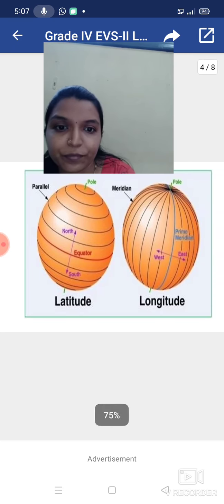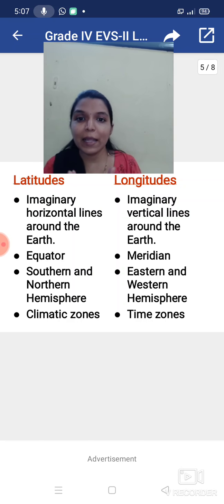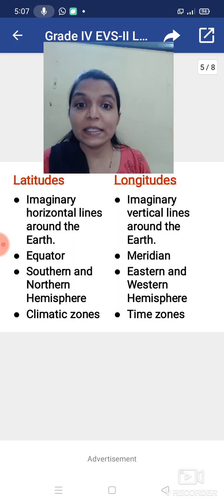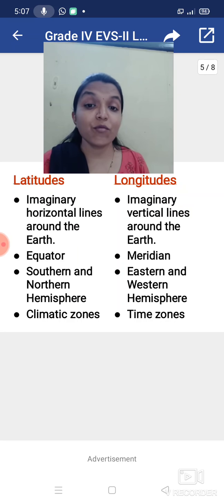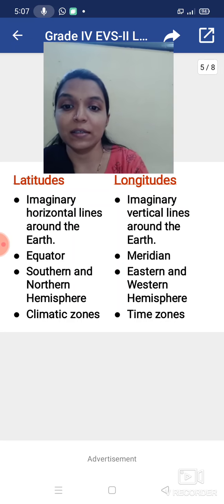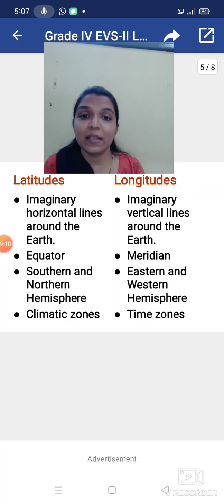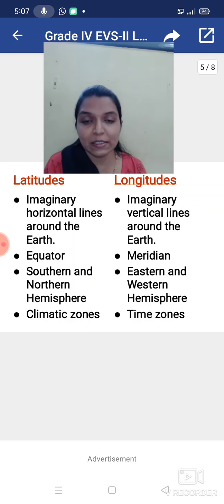Okay. Now, in the same way, comparatively in longitude, we first have to understand what is meant by meridian. The meridian is the prime meridian and the 180-degree meridian.